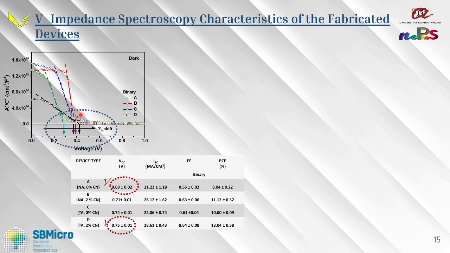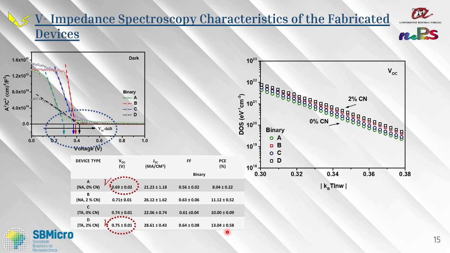Also, we can see that device D demonstrates a superior chemical capacitance among the other devices due to the effect of combining the 2% chloromethylene additive with thermal annealing, resulting in less localized states in the band gap that lead to better VOC and fill factor, as well as power conversion efficiency, as we see in the characteristics.